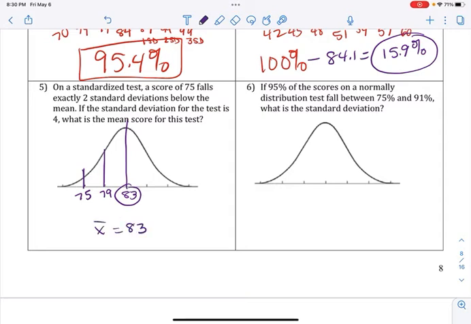Let's see if you understand that normal distribution, then these are not too bad. If 95% of the scores on a normally distributed test fall between 75 and 91, what's the standard deviation? 95% is about 2 standard deviations.